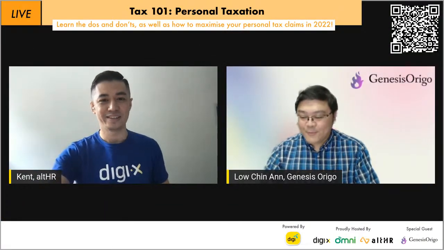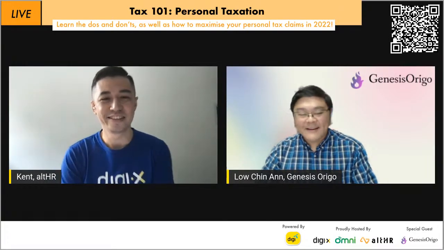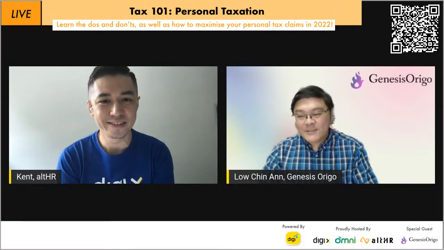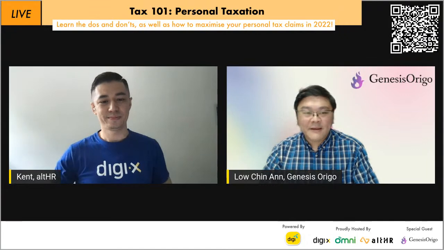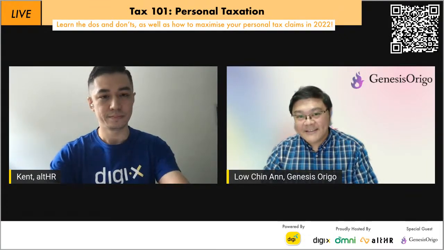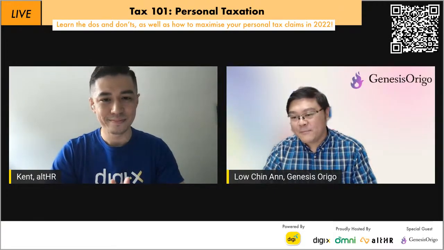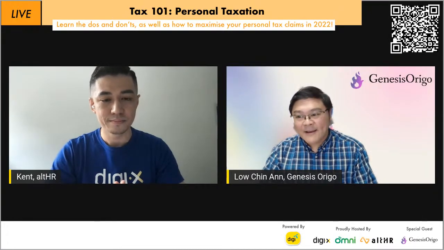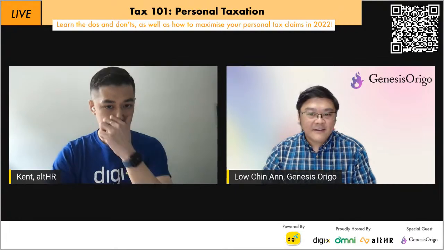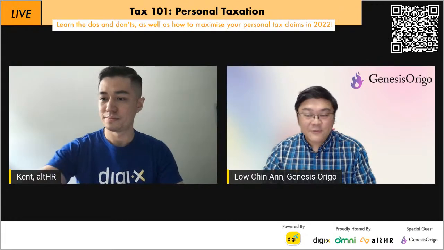Hi, hello, good morning. Berpuasa to our Muslim friends. Thanks for that very welcoming introduction. Genesis Origo is an e-learning platform, and we offer a number of programs, not just ACCA. For the low-level entry, we offer LCCI. We even have programs like RISM, to do with the Royal Institution of Surveyors Malaysia, estate agency qualifications that can help people if they want to come out into the property markets.